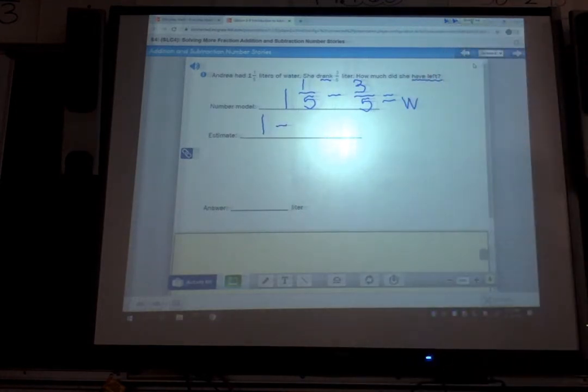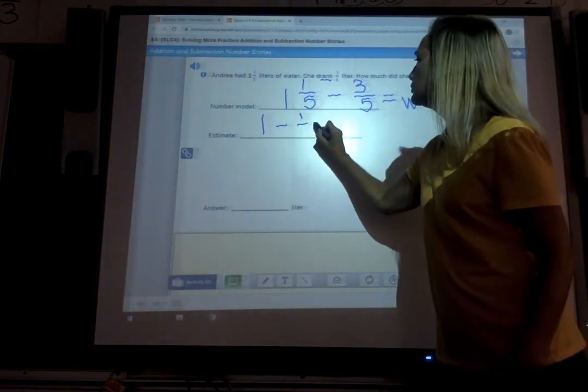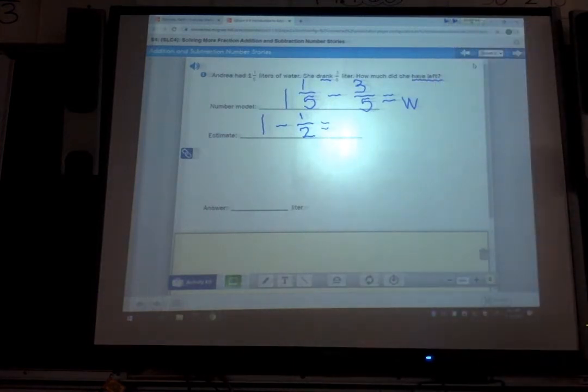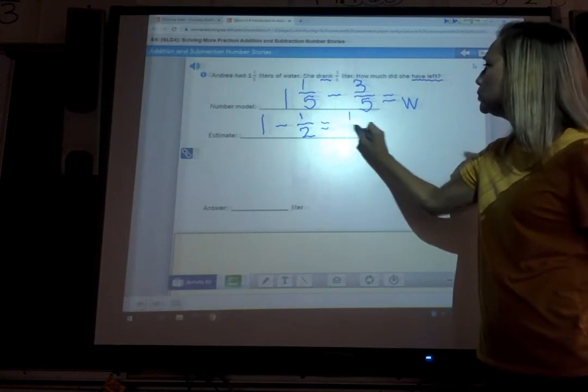And then when I look at 3/5, I know that half of 5 is 2.5, so I'm going to think of 3/5 as a half. So for my estimate, I have 1 minus 1/2, and that equals 1/2.